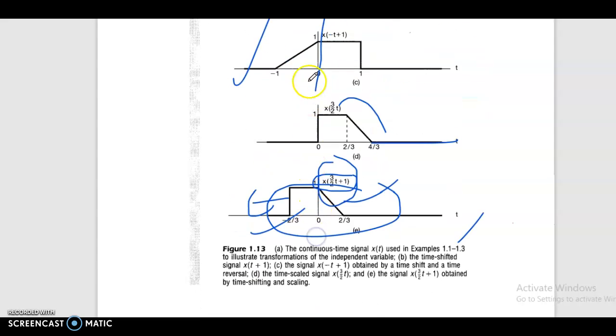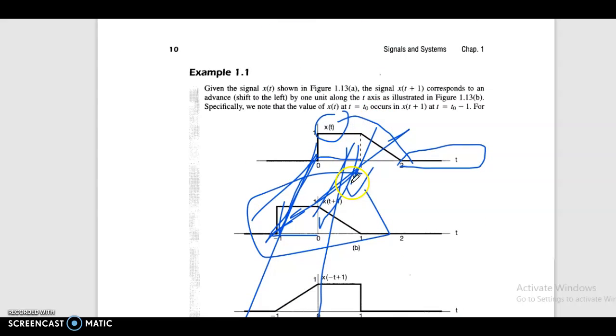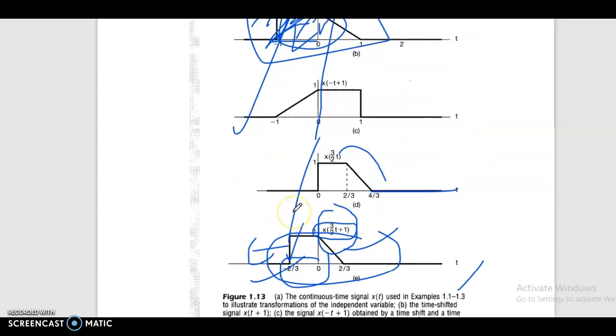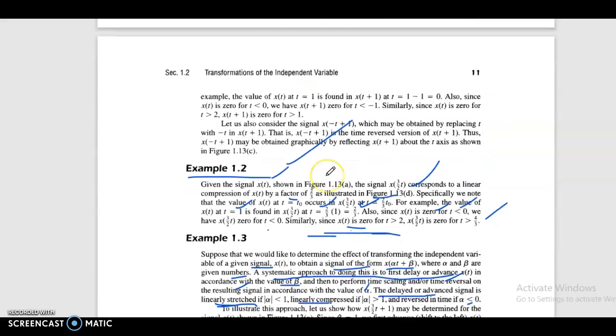Both happened here by 2 by 3, but here linearly shifted only, left, that is advanced here.